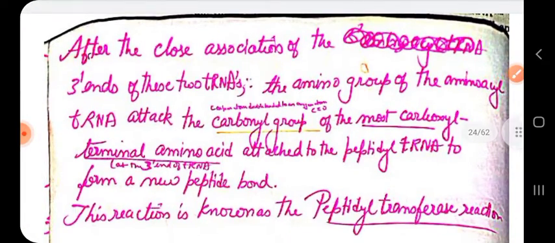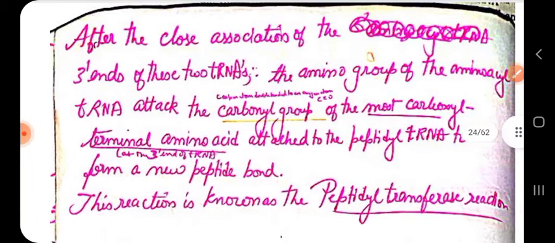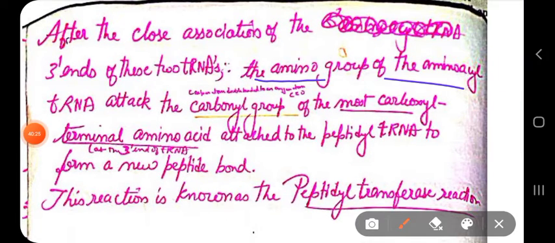After close association of the 3' ends of these two tRNAs, the amino group of the aminoacyl tRNA attacks the carbonyl group of the amino acid which has been attached to the peptidyl tRNA and forms a new peptide bond. This reaction is called the peptidyl transferase reaction.